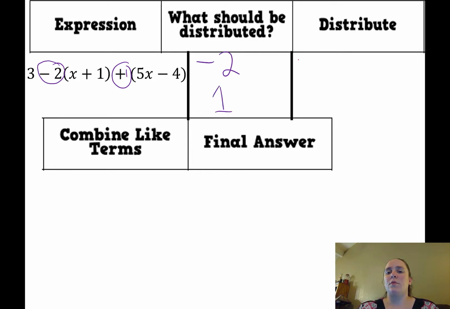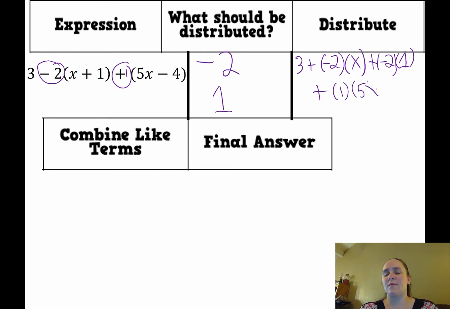So I get 3 plus a -2 times x plus -2 times 1 plus 1 times 5x plus 1 times a -4.